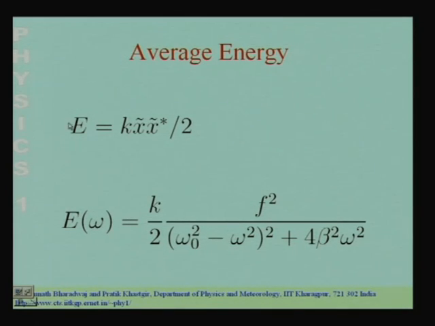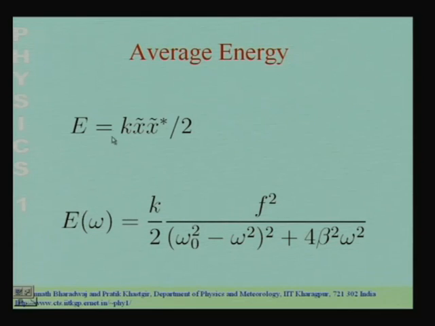The average energy which is stored in the oscillator when I force it can be calculated in the complex notation using k into x into the complex conjugate of x, x star, and dividing it by 2. So, we have seen in the first lecture that you can calculate the average. By average, we mean the time average energy of the oscillator as it oscillates at the frequency of the external forcing.